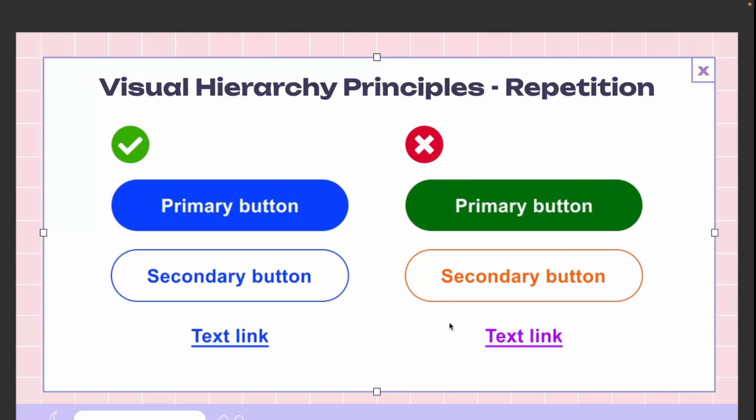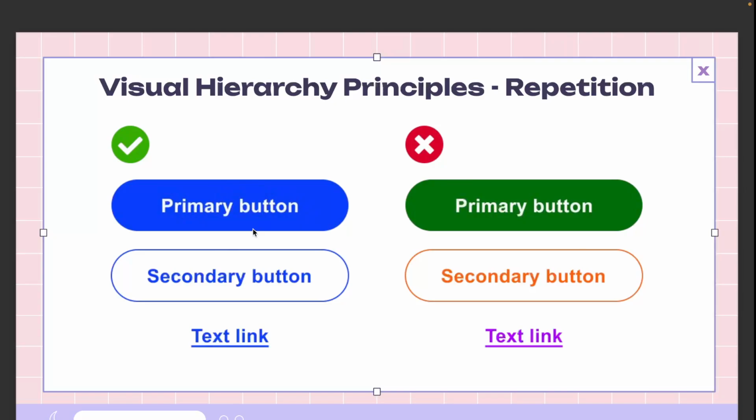Now does this look good? I know which is primary, but my attention is not immediately going to the secondary. I'm confused with green, I'm confused with orange, I'm confused with purple. This is not a good repetition. Now come to this part. Yes, blue color. Now this is much clearer.